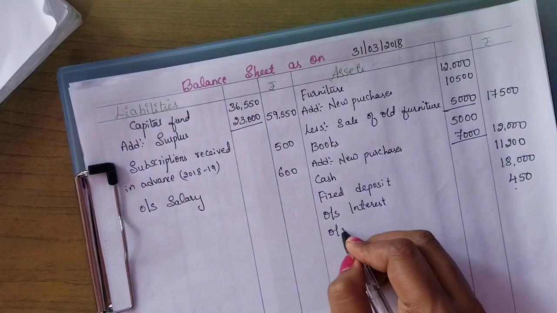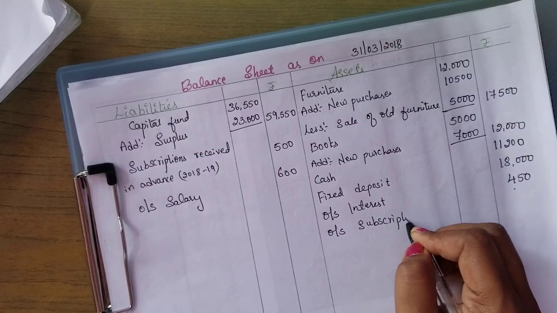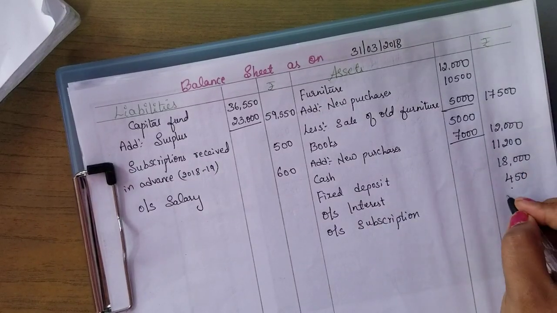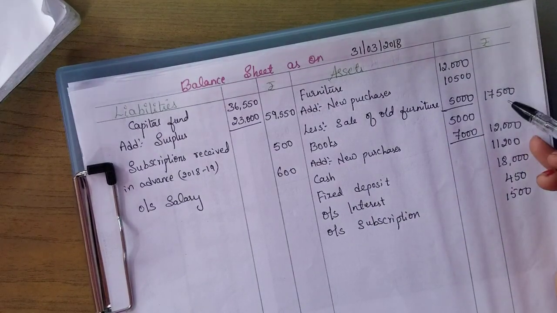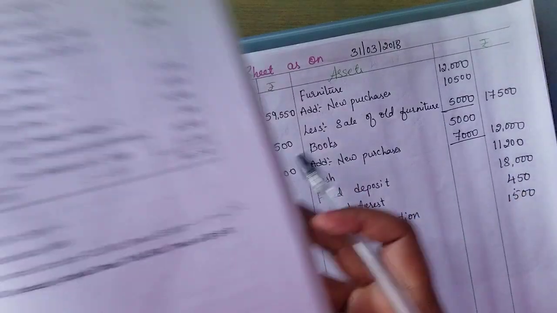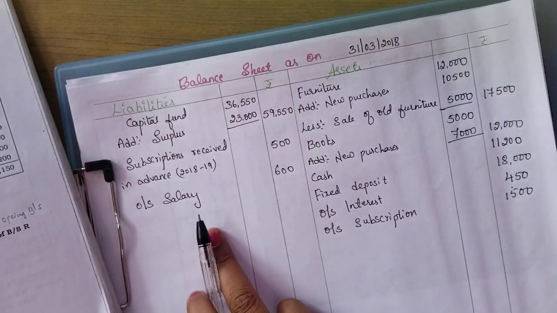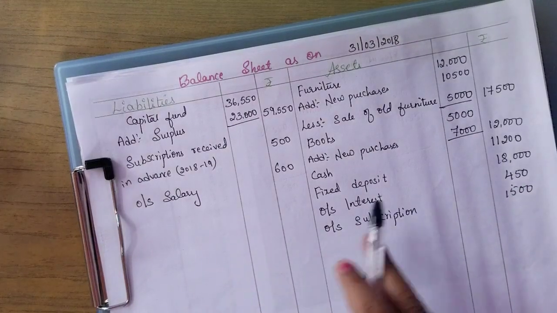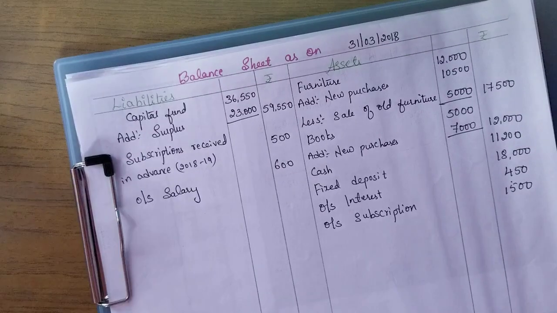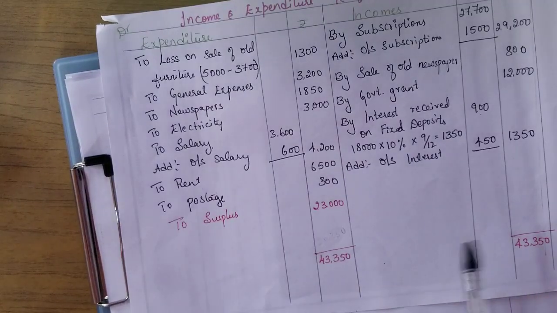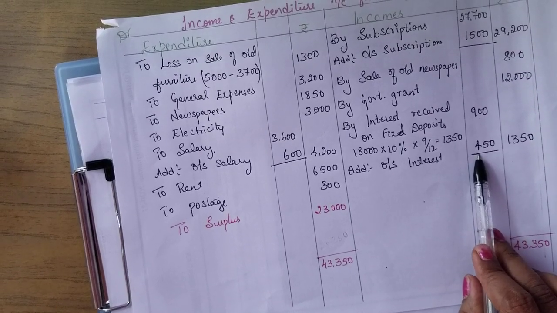And current year's outstanding subscription, which is given in the adjustment, 1,500. Just cross check with all the adjustments. Outstanding subscription I have written, outstanding salary I have written. Only 2 adjustments are there, and the hidden adjustment is interest outstanding. You can also check with the income and expenditure account how we have found out this outstanding interest.